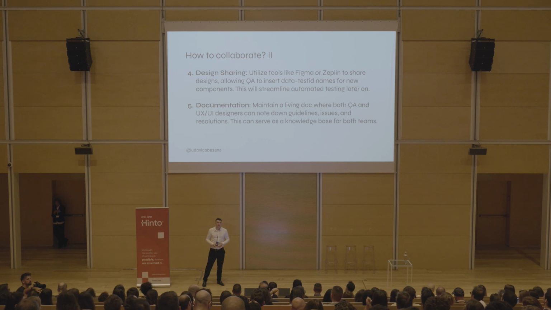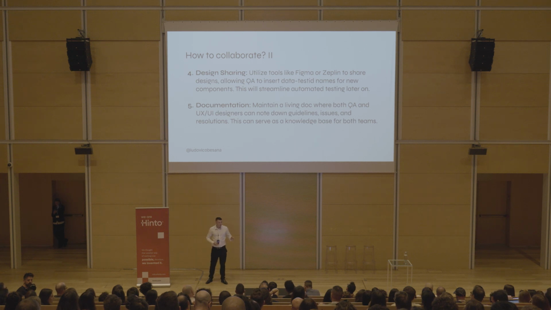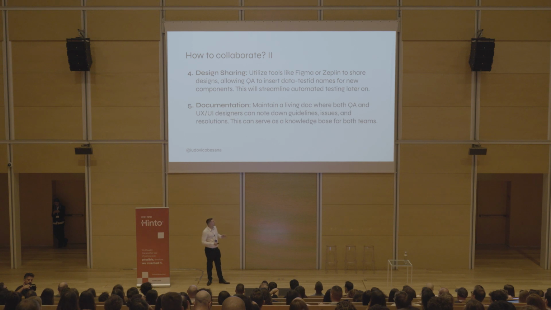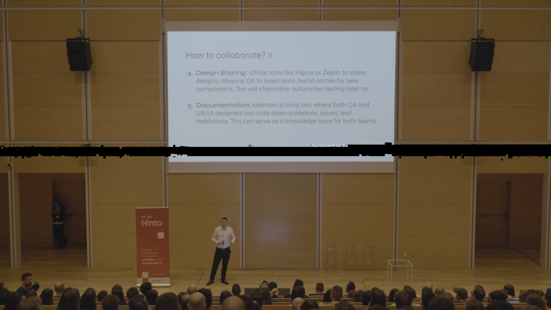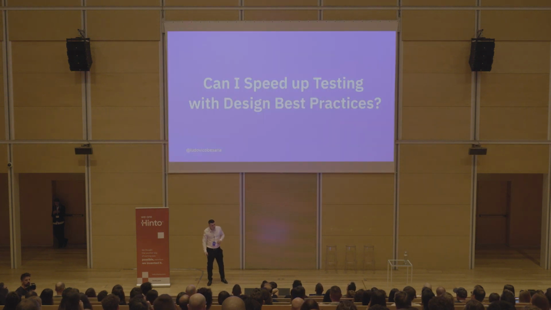If you change your front end, using data test IDs the automation still works, and you save a lot of time. Documentation is also really helpful: letting QAs know your approach, how many pages, and which symbols you use.